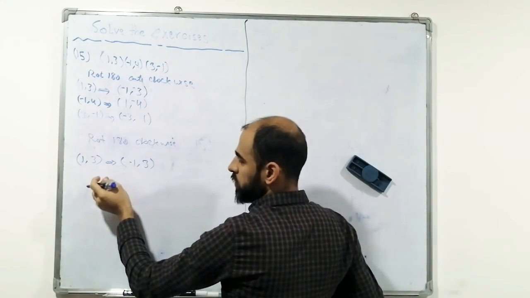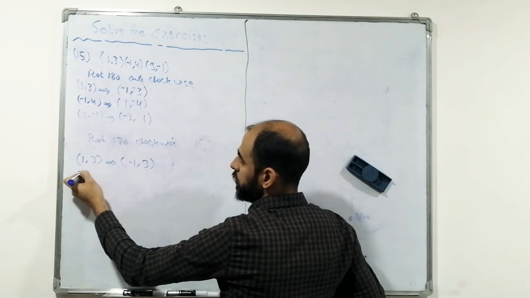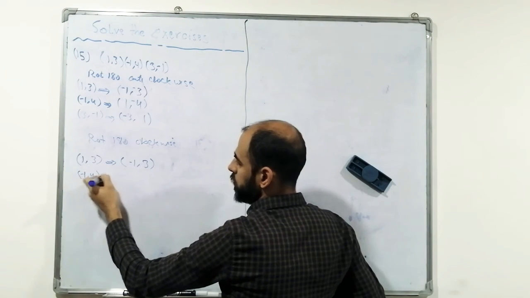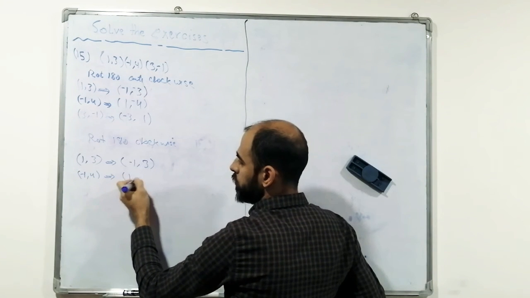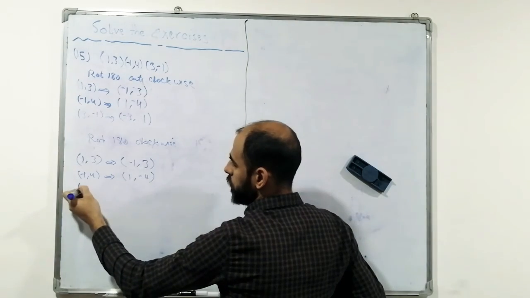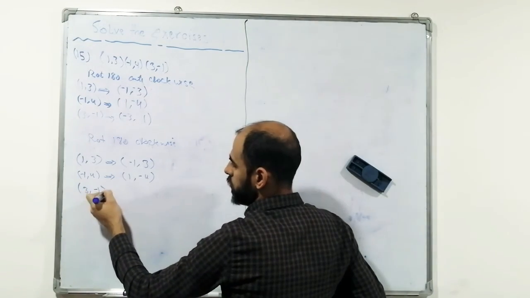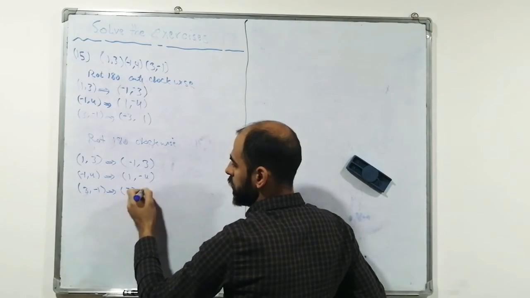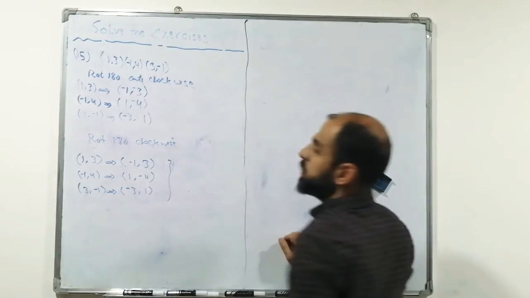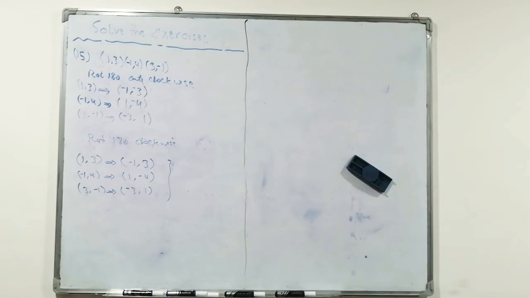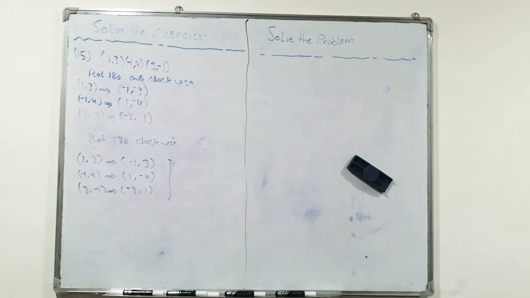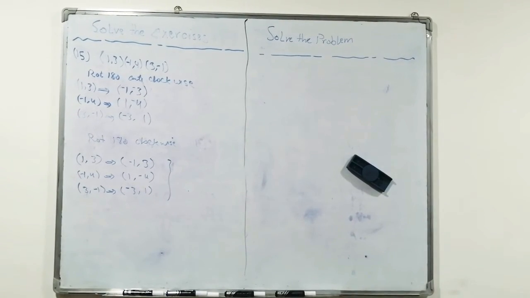Change the sign of the two parts x and y, and (-1, 4) will become (1, -4), and (3, -1) will become (-3, 1). This is the rotation of the triangle 180 clockwise and anti-clockwise. Now we will solve the exercise questions of solve the problems.